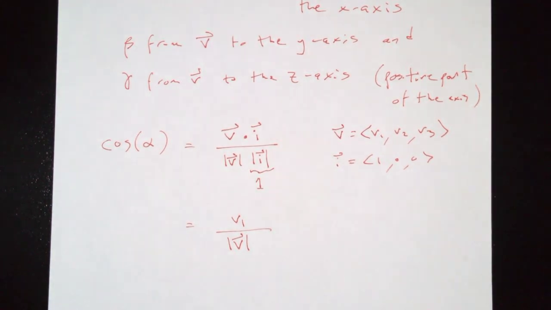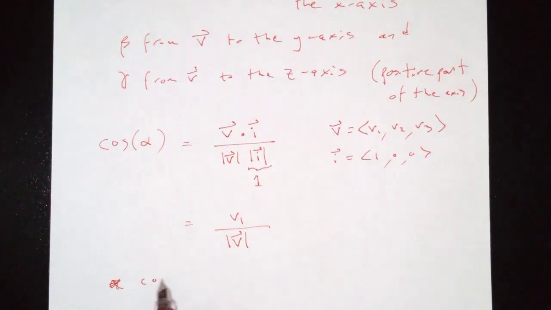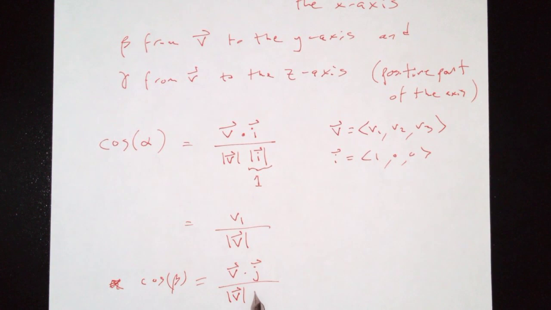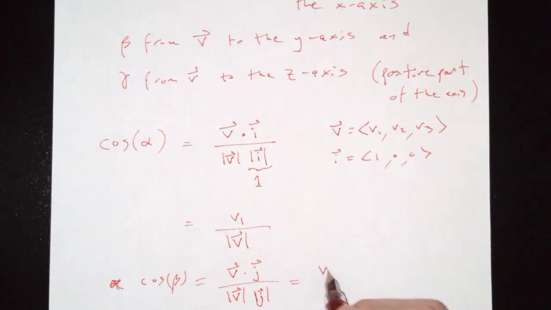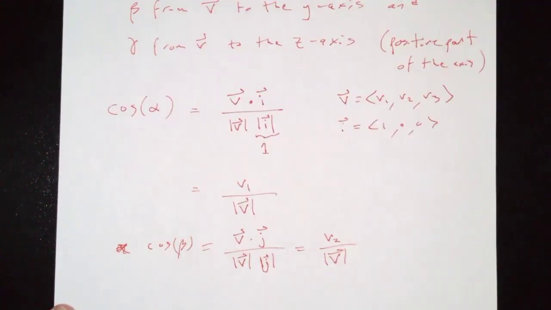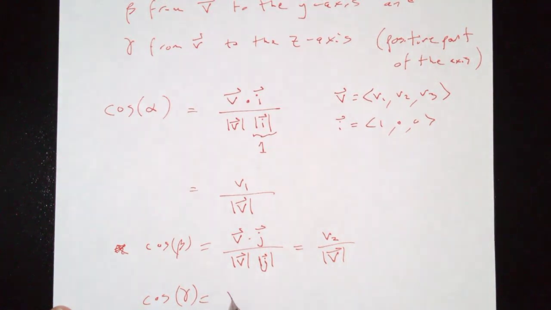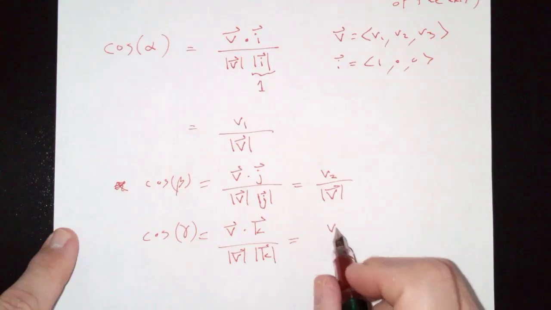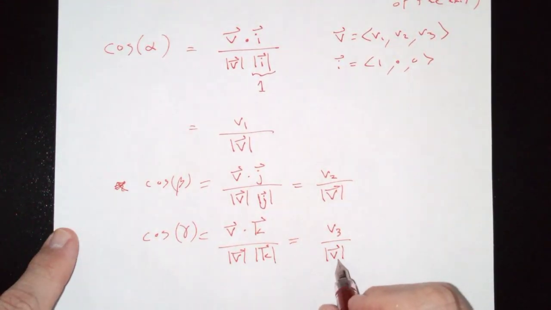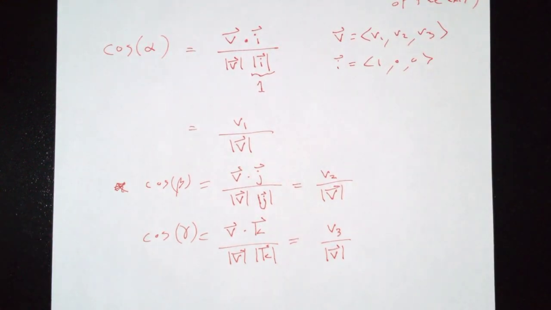So I can do all of these calculations, but since the length of j is 1 and the length of k is 1, and I know how to do the dot products with my components, these turn out to be exactly the numbers we get when we found our unit vector.